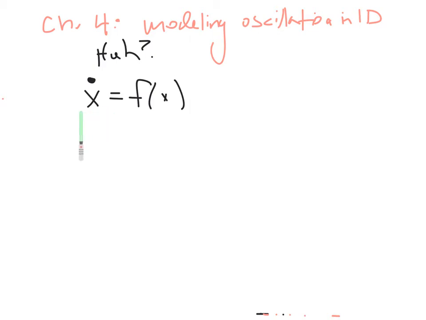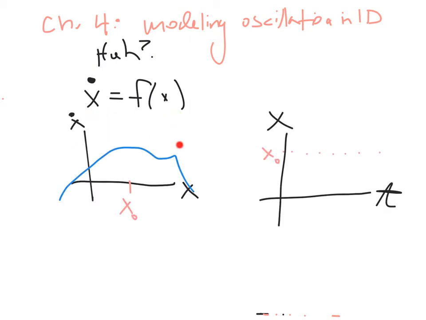Let's think about a system x dot equals f of x. Here I've drawn a sample for what f of x might be. Recall that this is telling us about the velocity of our particle at a particular value of x. So if I'm at x naught, the velocity of my particle at that position is given by this function, and there's only one possible value to this velocity.